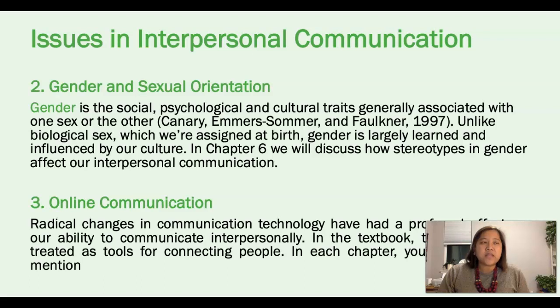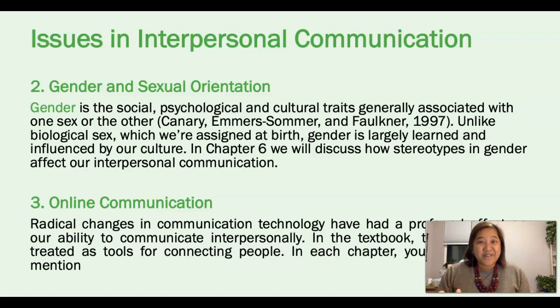One thing that I also would like to address is this idea of ethnicity and race, which is very tied into this idea of culture, and will also affect the way we communicate as a person in a family, as well as a person within close relationships. And we will talk about it more throughout the semester.